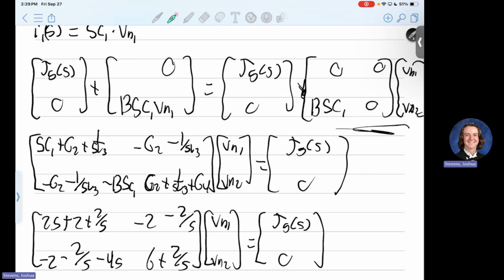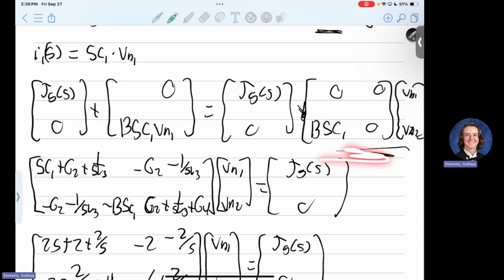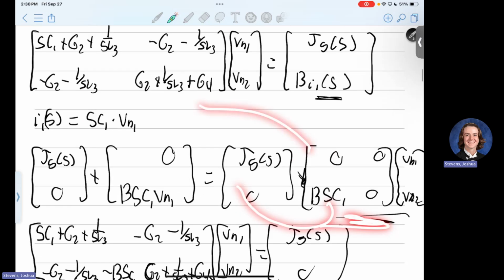So if I were to take this matrix and go back here, this times this plus this times this would get me 0, which I have. And this times this plus this times this would get me that. So I just broke apart the matrix to get that. Does that make sense? Making more sense? Sweet. When I broke this apart, I then subtracted it from that matrix.